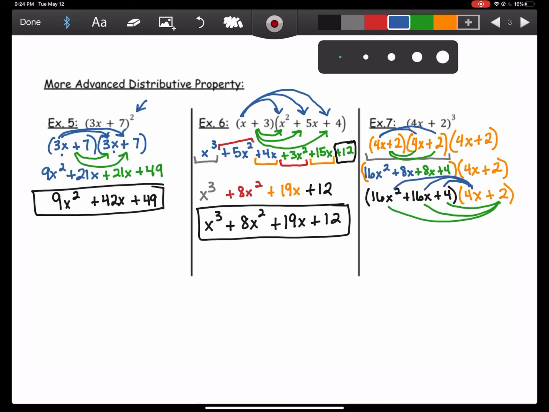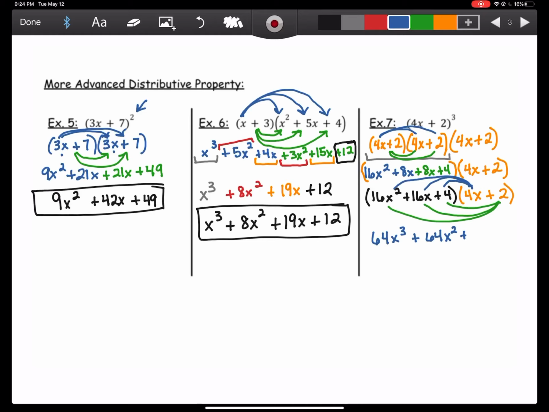So 16x squared times 4x is going to make 64x to the third. And then 4x times 16x is going to make positive 64x squared. And then 4x times positive 4 is going to make positive 16x.